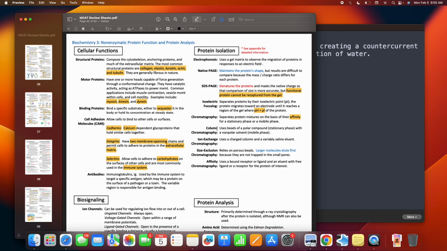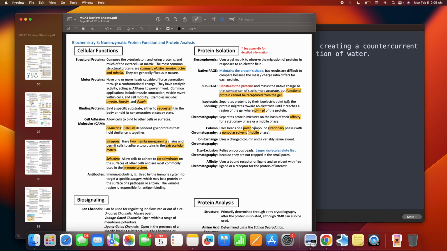Then here we have column chromatography, where it uses beads of a polar compound, stationary phase, with a non-polar solvent, mobile phase. So the solvent, the mobile phase, is non-polar, and the stationary phase is polar. We have to keep these in mind and come up with mnemonics for it, probably.